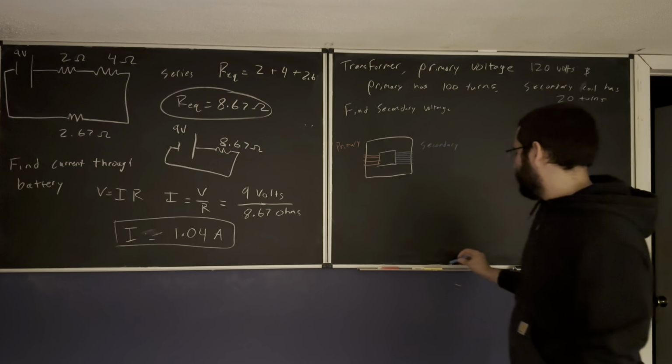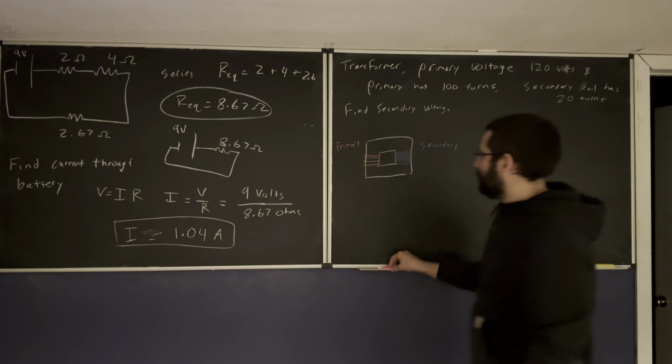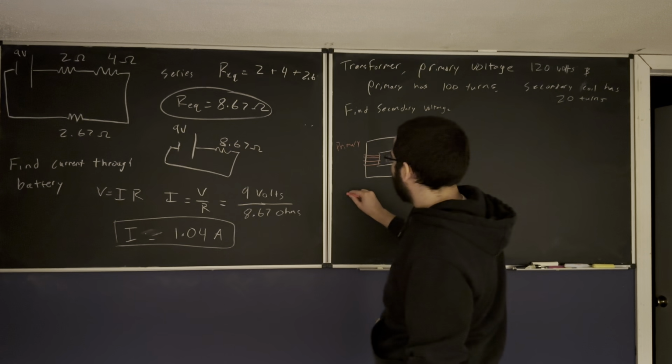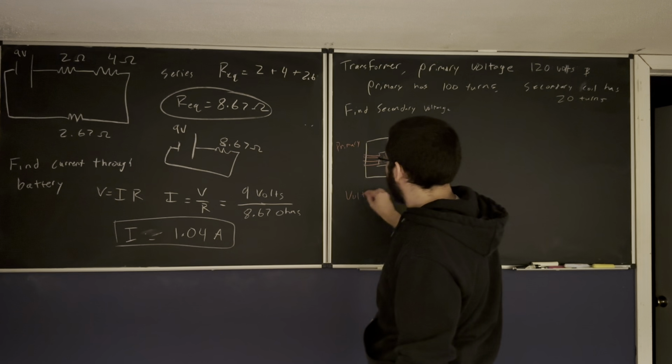So the way the equation for the transformers works, basically, you have the voltage at the primary, right?